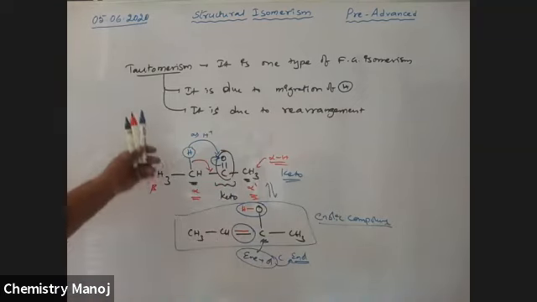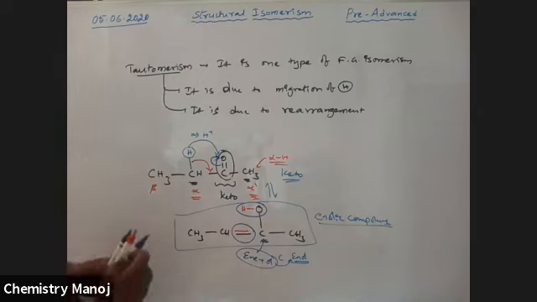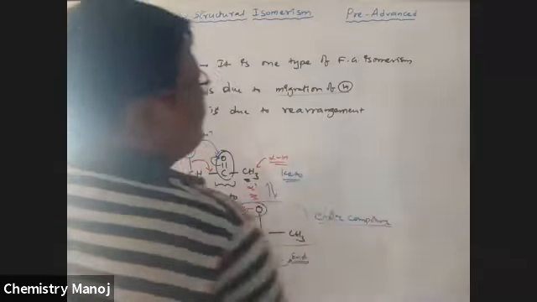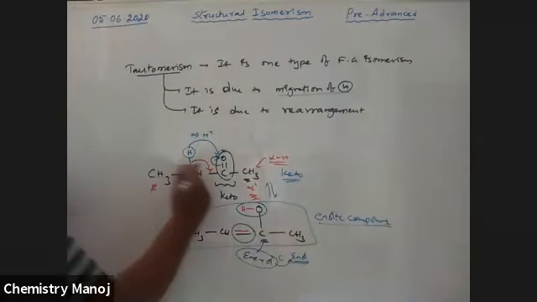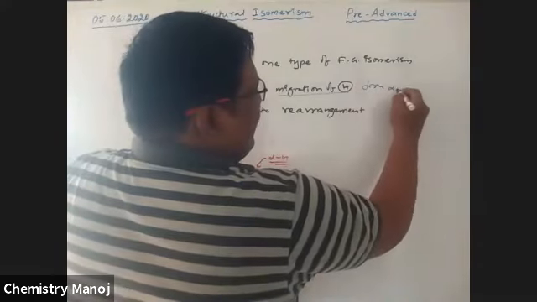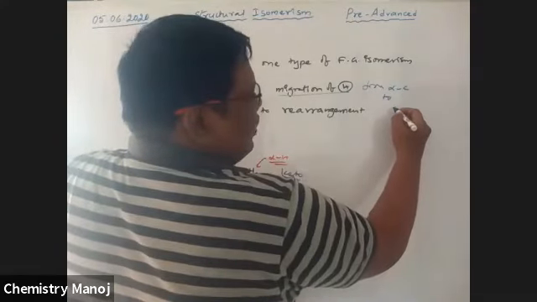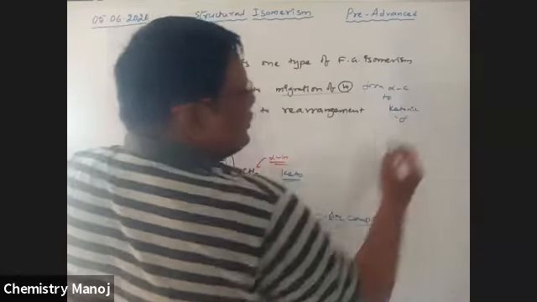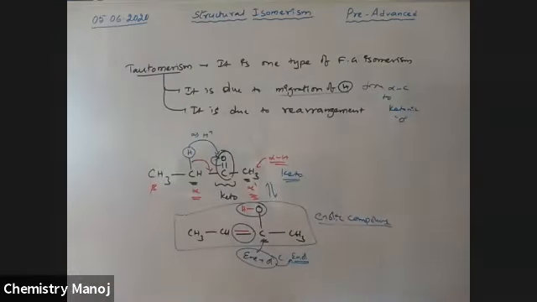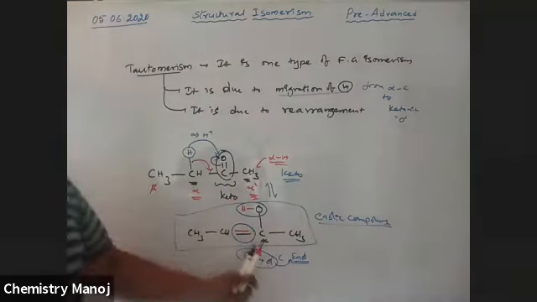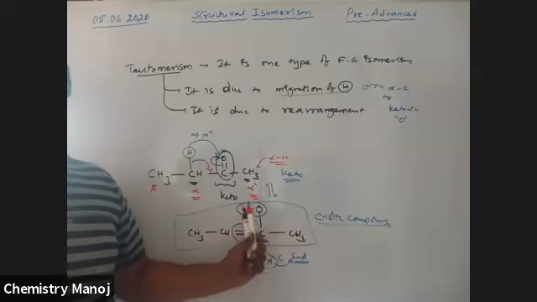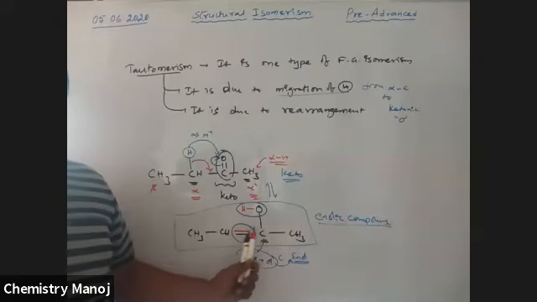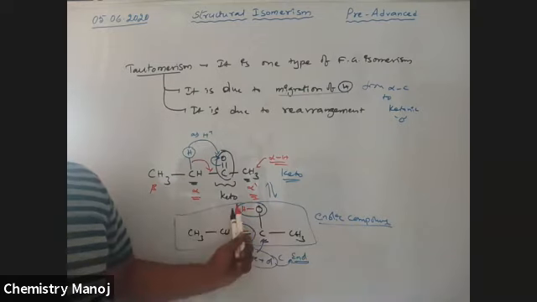This is due to migration of hydrogen from the alpha carbon to the ketonic oxygen. That is why the keto form changes to the enol form. A carbon having both an alcohol and a double bond: the double bond is ene, the alcohol is ol.